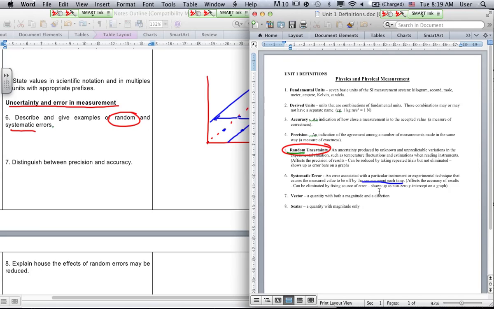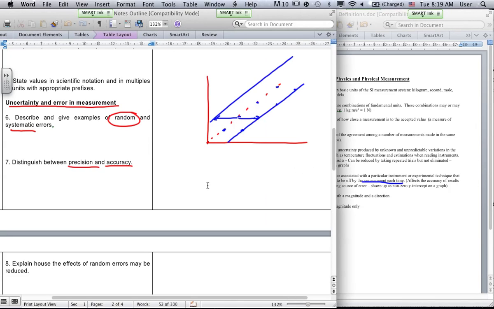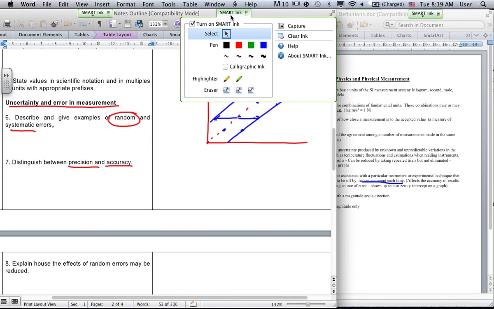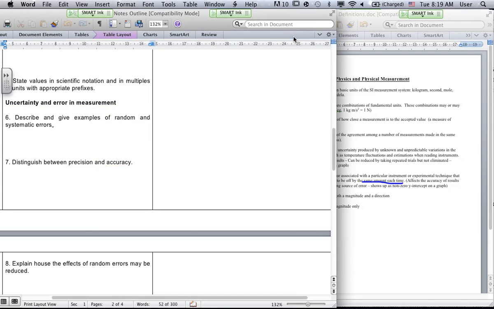Now, we distinguish between this idea of precision and accuracy. In doing that, usually we use the idea of a target, just to help clear that up. So if you've got a target and this is the bullseye, this is where you want to try and hit.